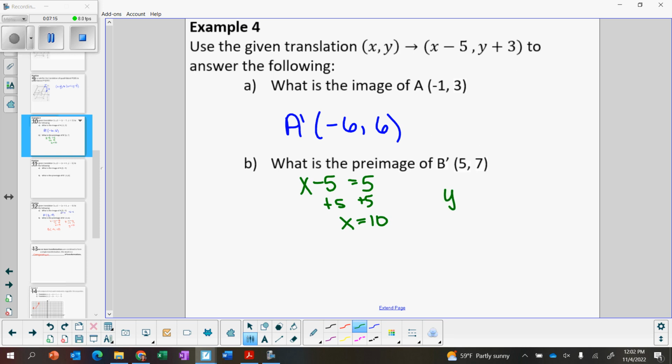And y plus 3 gave us 7, which means y was originally 4. So our pre-image point B would be (10, 4). And let's check that. If I were to transform point B, 10 minus 5 is 5, 4 plus 3 is 7. So that would have been our pre-image.